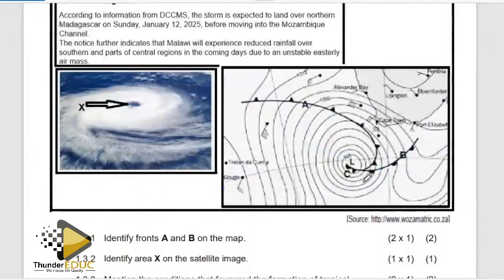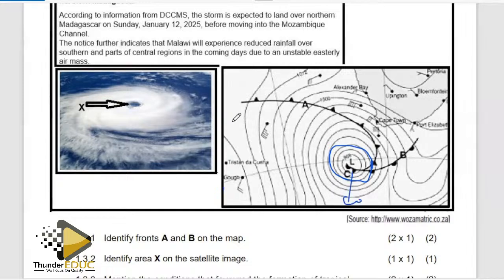Right, we go to our synoptic map. C is here, at the eye of the storm. And what is happening at the eye of the storm? We are seeing that there is an occlusion. What is an occlusion? An occlusion is indicated by the existence of a cold and warm front on the same line.